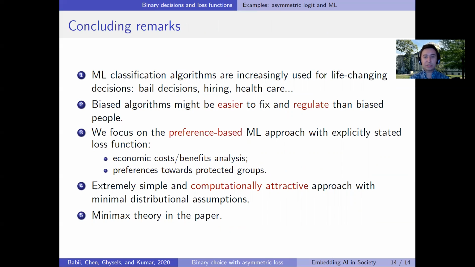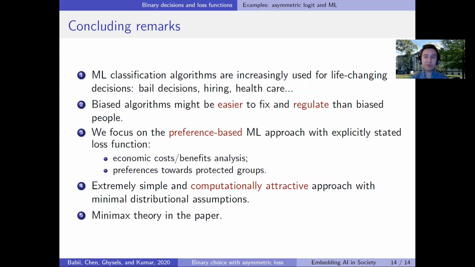So to conclude, machine learning classification algorithms are increasingly used in different life-changing decisions. For example, bail decisions, hiring, healthcare. And there is a growing concern that algorithms can reinforce existing biases in society. At the same time, biased algorithms might be easier to fix and to regulate than biased people.